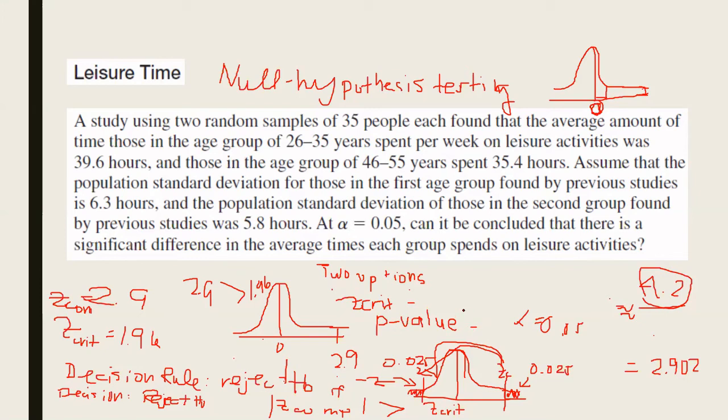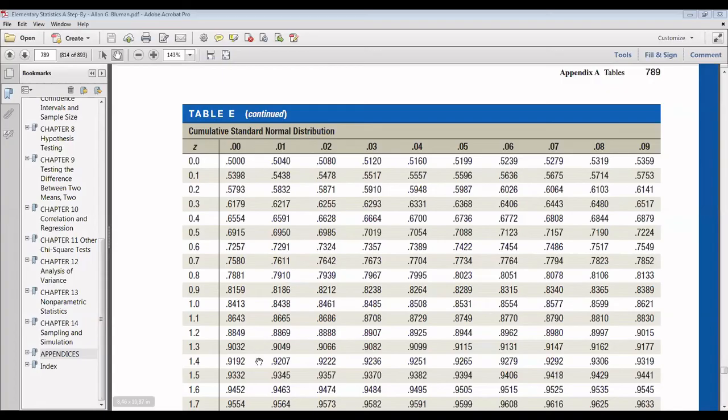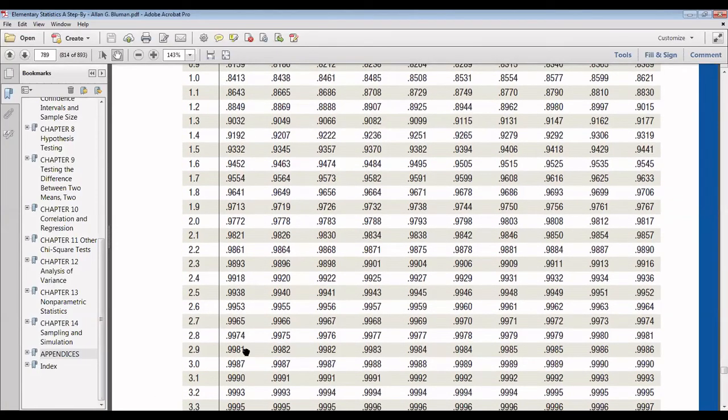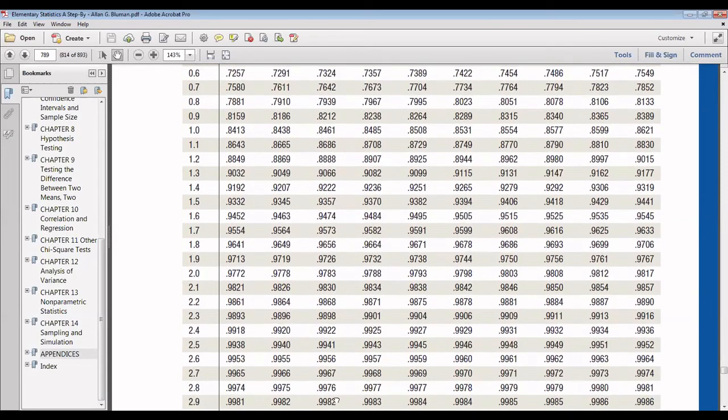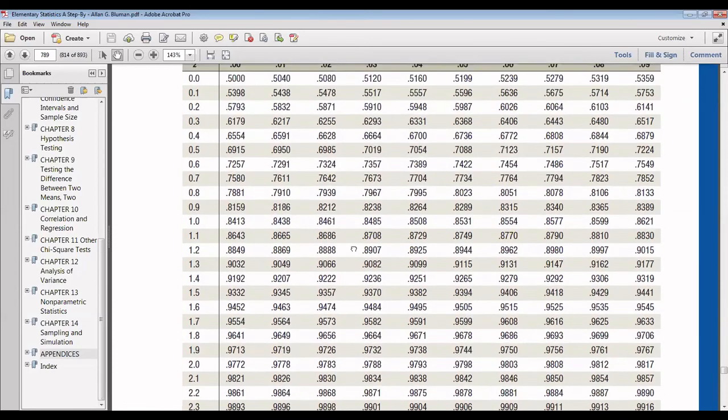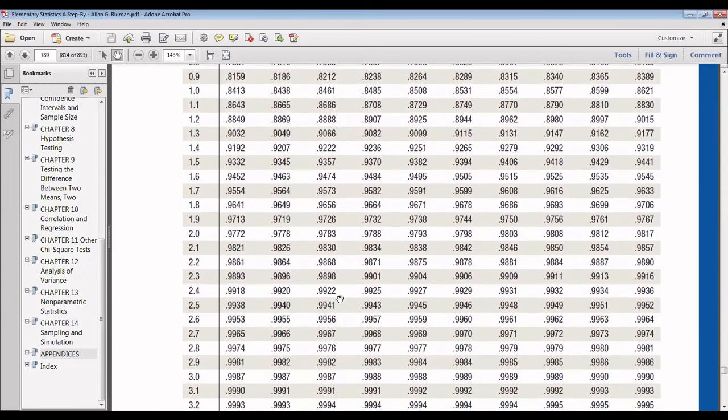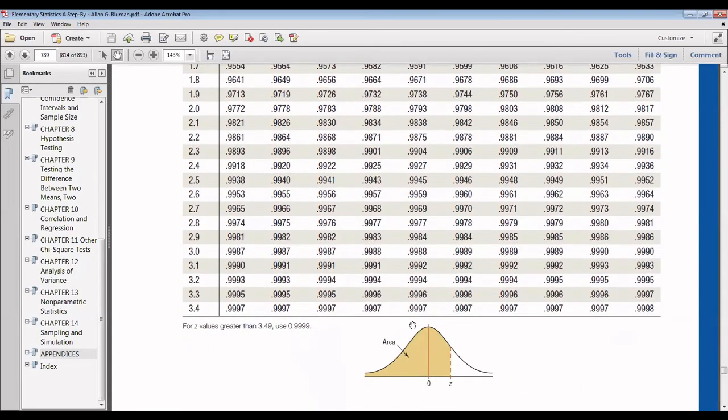Now, to compute the p-value, mas simple siya kasi titingnan mo lang yung area ng 2.92. Hanapin natin. So ito, 0.9982. So alam natin that 0.9982 is the area to the left.